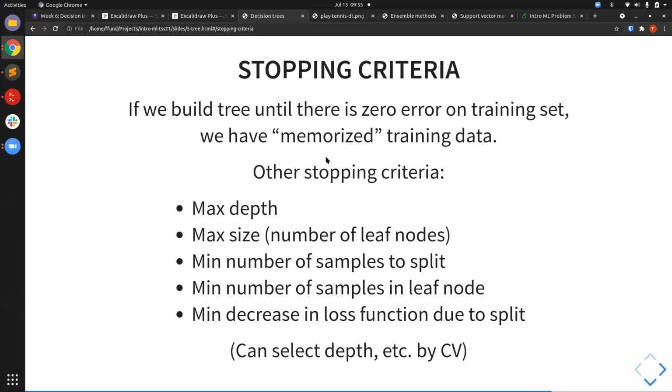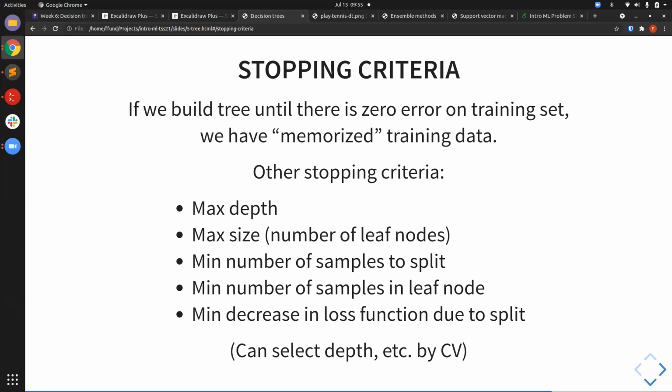You can specify a minimum decrease in loss function due to a split. These are all stopping criteria that, once you reach them, you stop splitting, and it prevents overfitting. You can then select these particular values by cross-validation. But you can see that that's a lot to do. It's a lot of heuristic decision-making and making model decisions that aren't necessarily best based on the data.